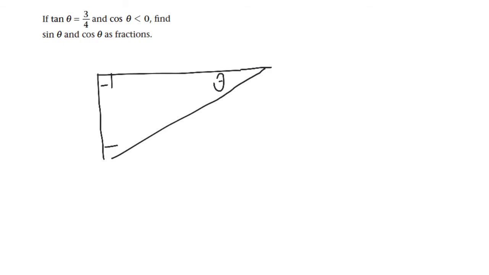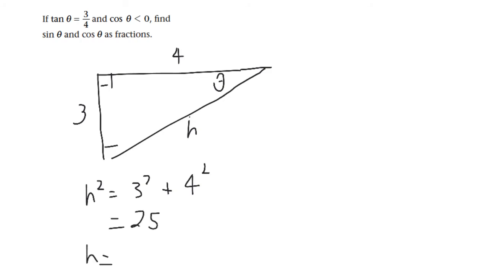So that means this length here is 3 and this length here is 4. Now, we actually then can go find the value for h by saying h squared equals 3 squared plus 4 squared, which is 25, which means our hypotenuse is 5. So 3, 4, 5 Pythagorean triad. I'll give you the most basic triad we can deal with.